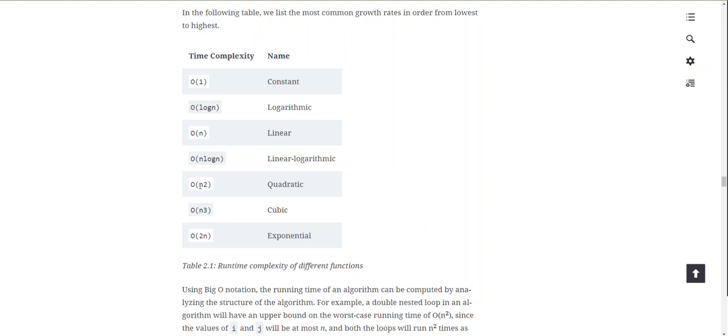Quadratic, meaning big O, n squared. So you should have a hat in there. So if you see n with a hat, it's like an arrow in between the two, pointing up, and then the 2, that means n squared.